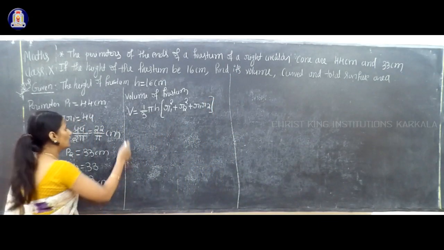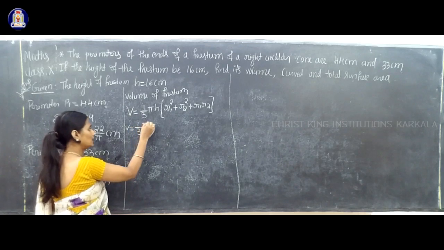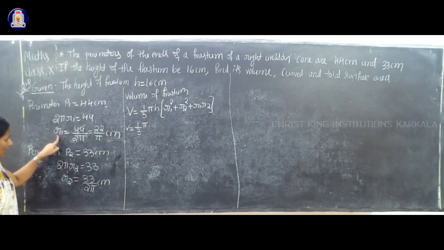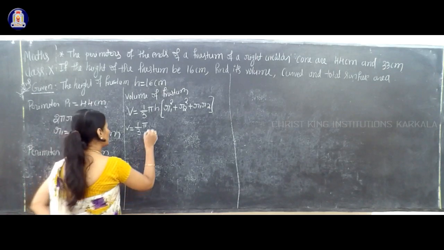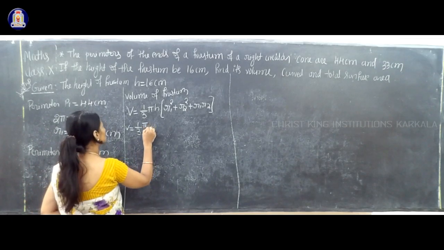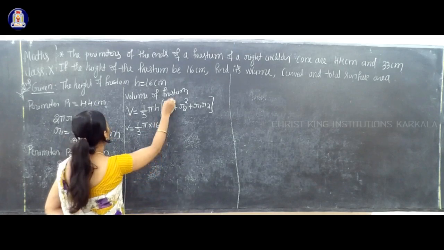Now substitution. So V is equal to 1 by 3 pi. I'll keep pi as it is because R1 is in terms of pi, R2 is also in terms of pi, so you can cancel. So now pi H. H is how much?